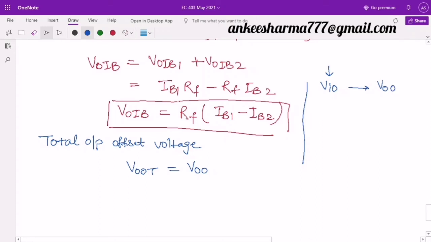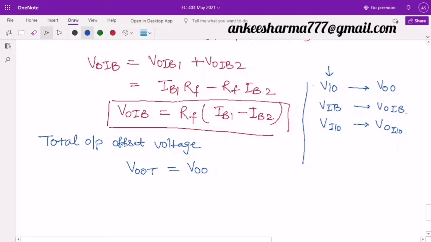Then we have VIB, the input bias current voltage, and the effect will be VOIB, right? Next one is the VIIO, the voltage due to the input offset currents, and the effect of it will be VOIIO. So these are the three things we have discussed.